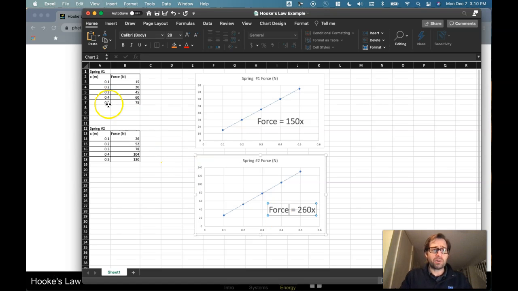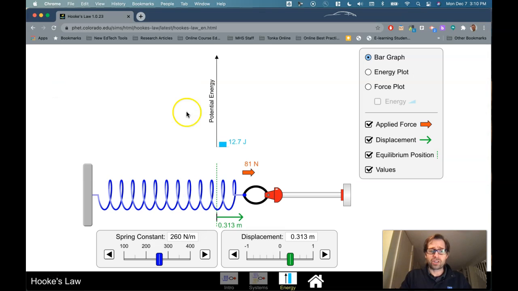It turns out that those slope values represent the spring constant, and that value is related to the type of spring that you're using. Notice here, this spring constant is 260 newtons per meter. That's the slope we got for spring 2 in the Excel document. So this is a very linear relationship, and it's going to tell us how the force and the distance are connected to each other.